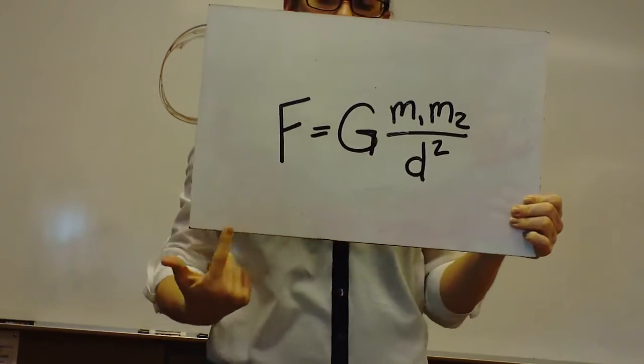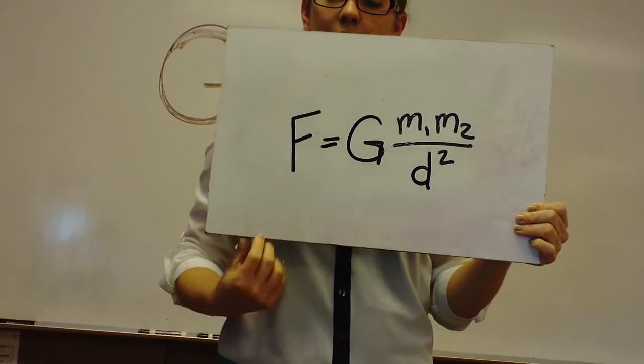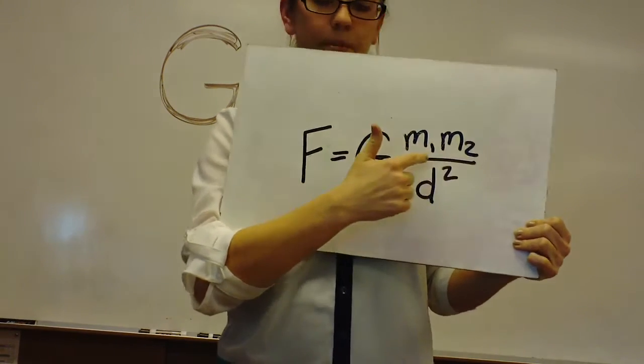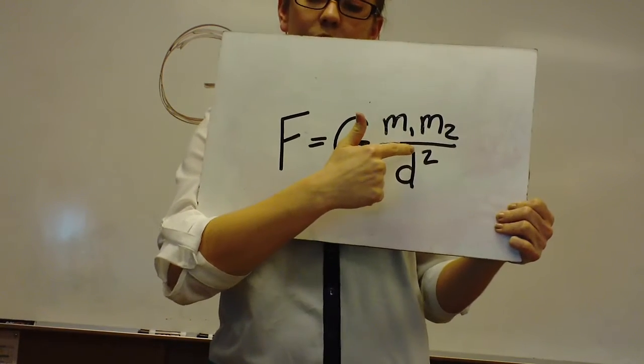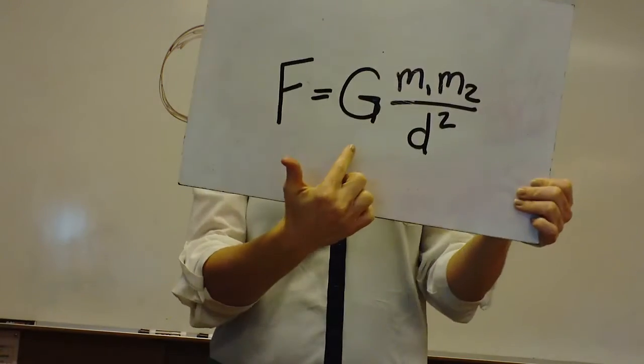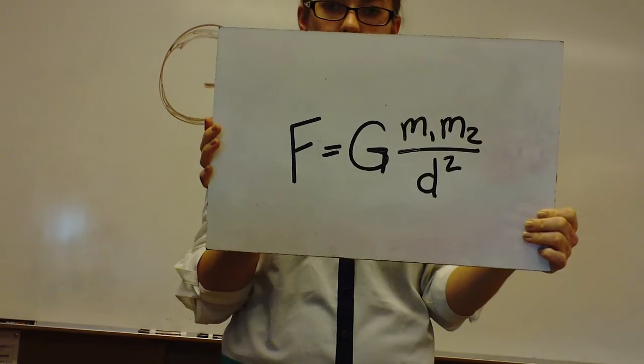And that will give us how much force is between those two objects because of gravity. Where M1 and M2 are the masses of the two objects, d is the distance between them, and G is this gravitational constant for the equation.